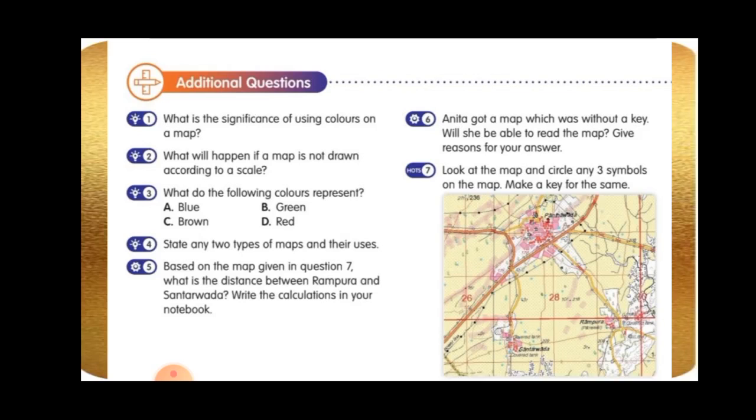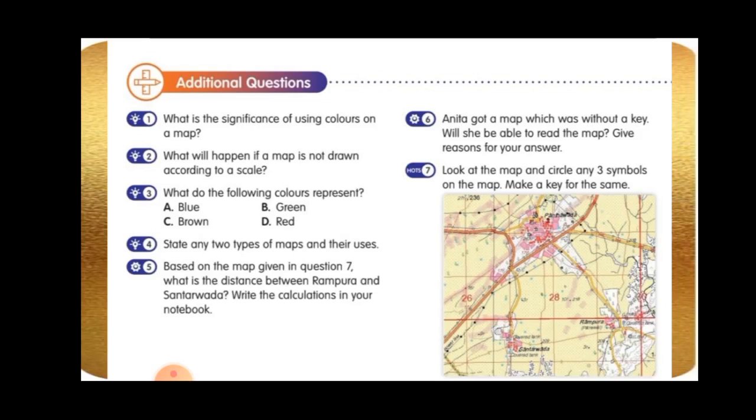So you can take any 3 symbols like temple, post office, trees, pond, then make a key for the same. I hope you understood all the answers of worksheets, practice questions and additional questions. And also hope you have done it correctly. If not, do the correction.